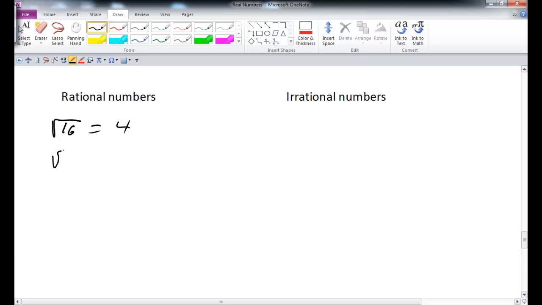If we take the square root of 9 over 25, we would get 3/5, which is a rational number. So if a number is a perfect square and you take the square root of it, you get a rational number. If a number isn't a perfect square, like 3, then the square root of it is an irrational number.